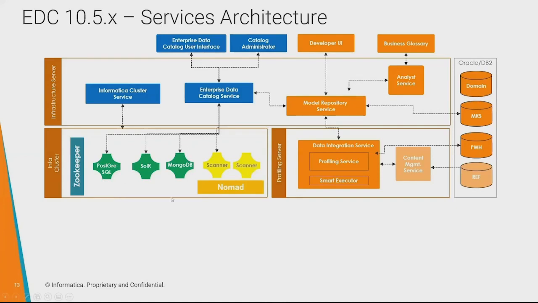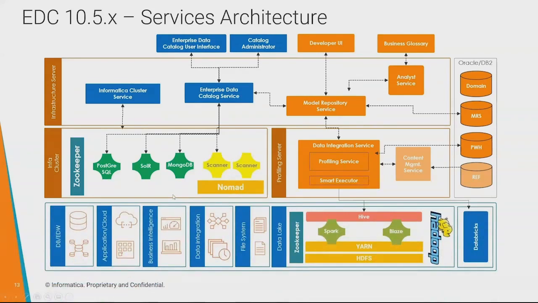So this is the architecture which helps to scan the wide variety of data sources available in the industry, be it the enterprise data warehouse, any relational database, or any business intelligence applications, or data integration applications, file systems. So everything is supported for scanning through the Enterprise Data Catalog application.